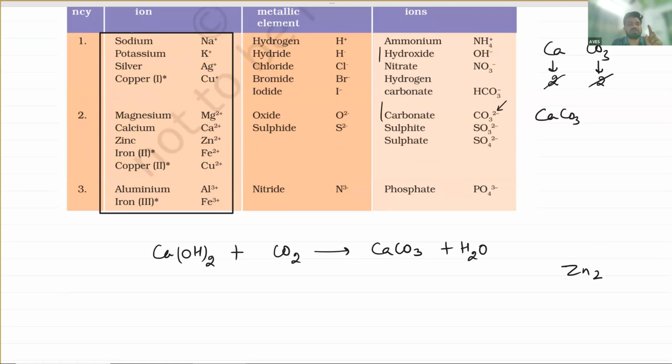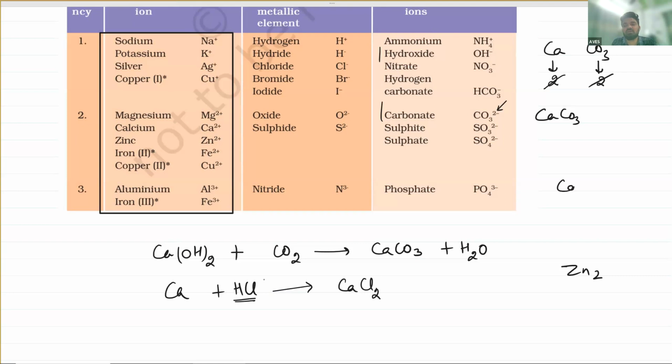Charge is only applicable when they are combining or forming bonds with other elements. Like here, calcium has a positive 2 charge because it is combining with the hydroxide ion. But when calcium reacts with hydrochloric acid, HCl, it gives calcium chloride, CaCl2.